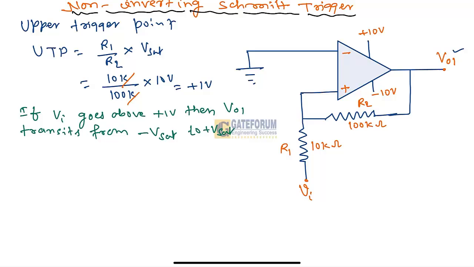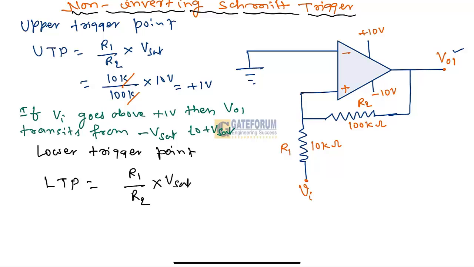Similarly, we can calculate the lower trigger point. The lower trigger point, which we denote as LTP, is R1 by R2 into Vsat with a minus sign.